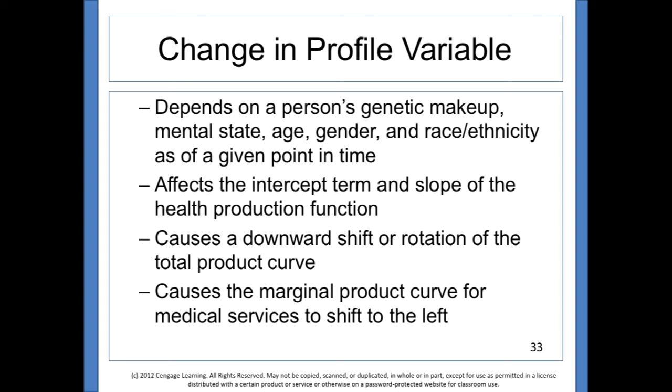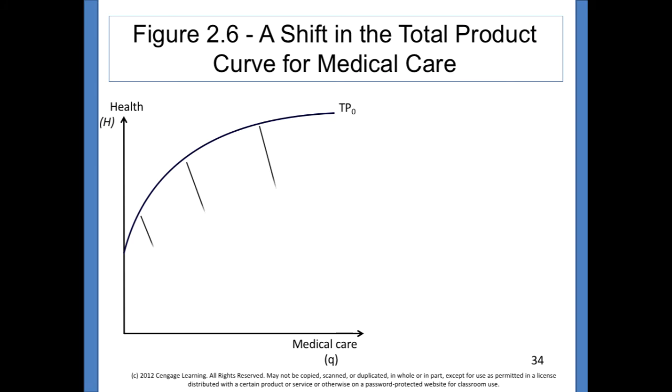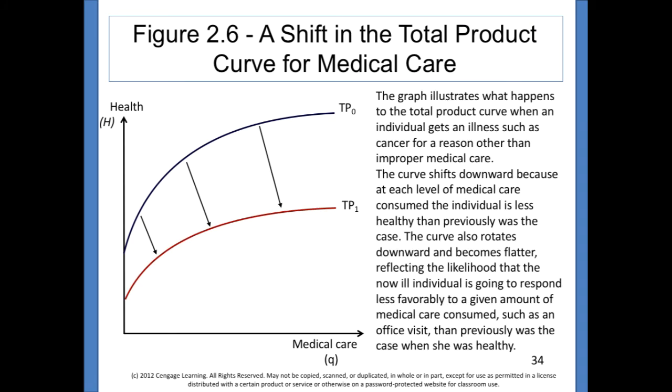So when we have a downward shift, at each level of medical care input use, we have a lower amount of health production.